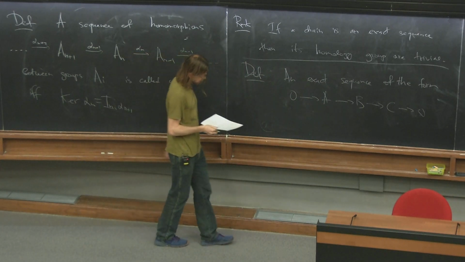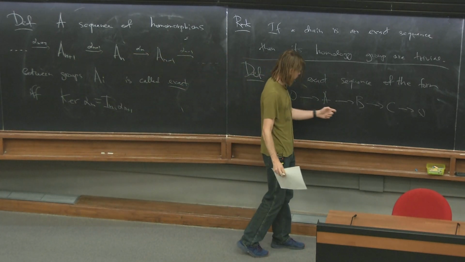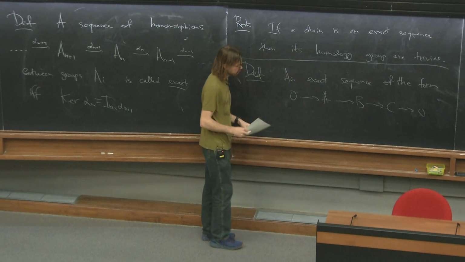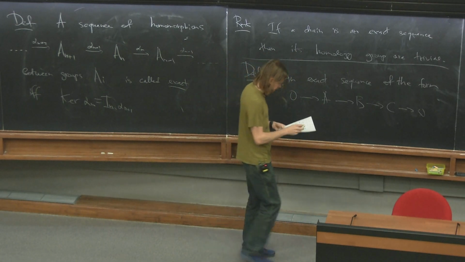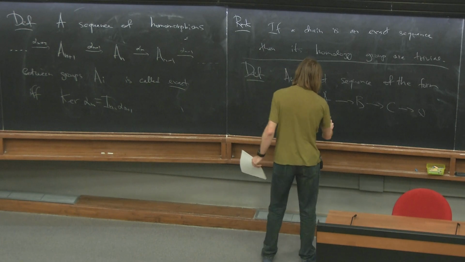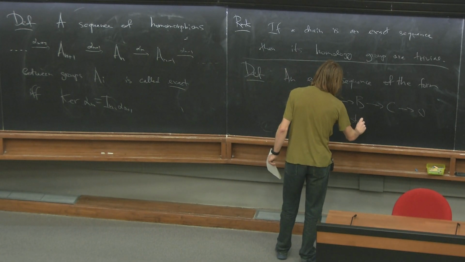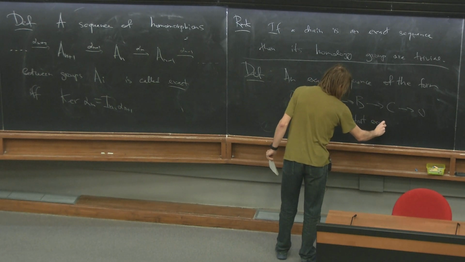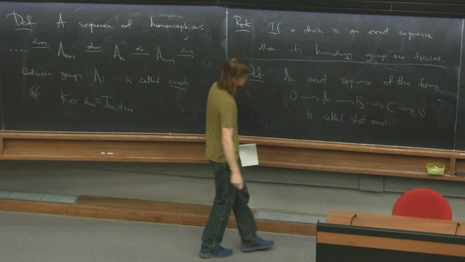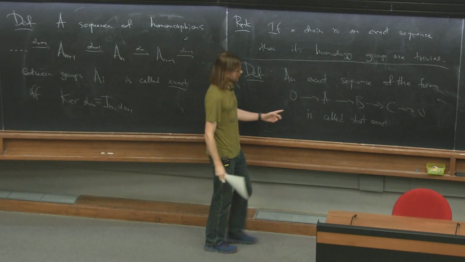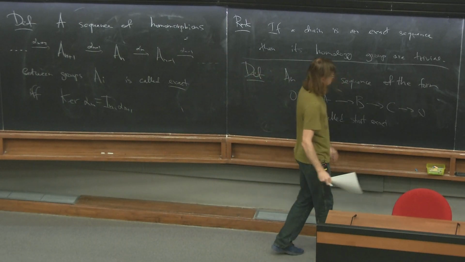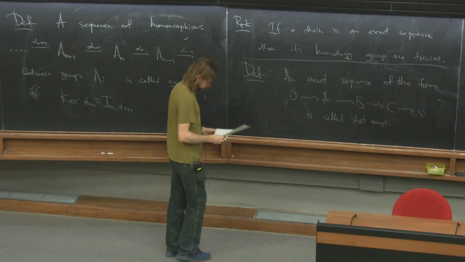Here we will work mostly with trivial groups, so it's customary to denote the trivial group by 0, not by 1.